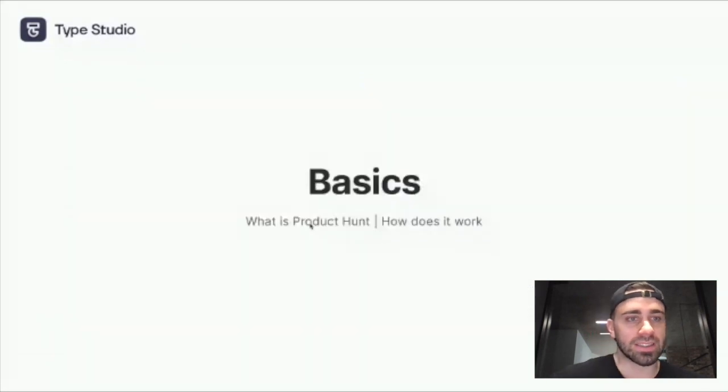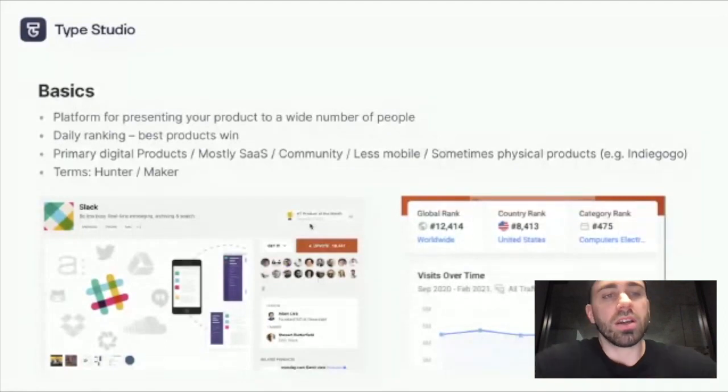So let's get started with the basics, and I will do them real quick. For people who don't know what Product Hunt is, it's a platform where you can submit your product and show it to a wide number of people.